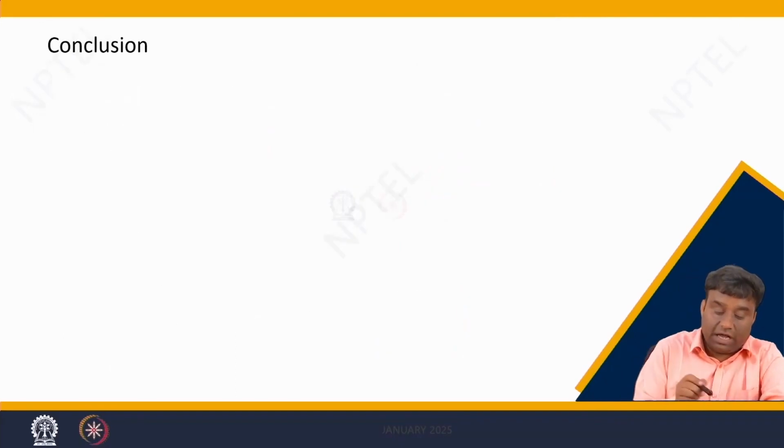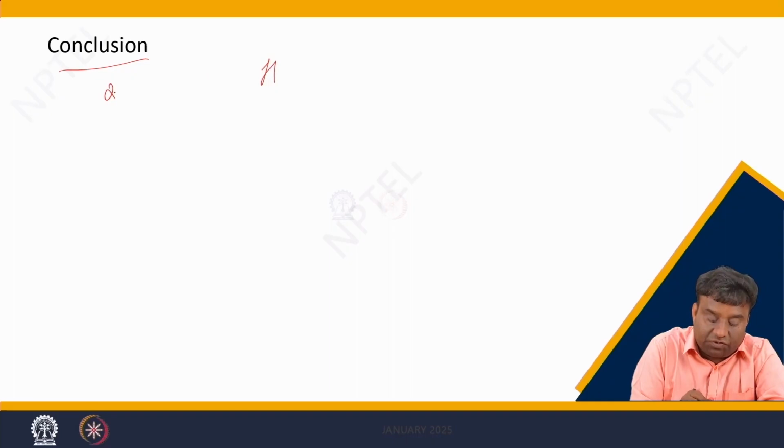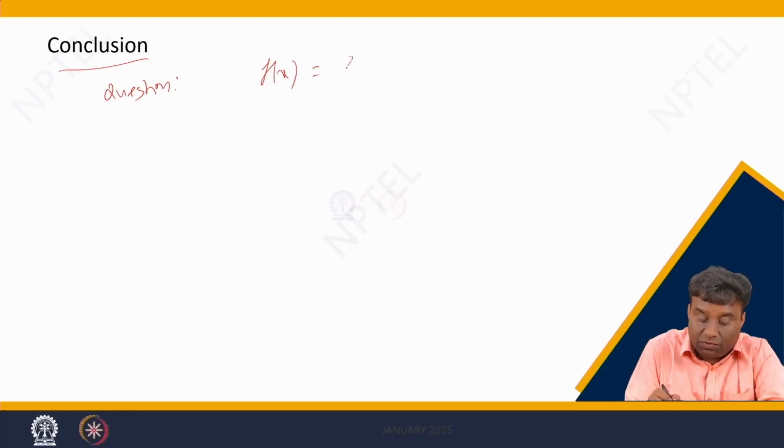So in conclusion, I hope you have understood the solution procedure. So please try to solve one question. The question for today's class is: maximize f(x) equal to 220 plus 30 by x square minus 100x, where x belongs to 0 to 15.